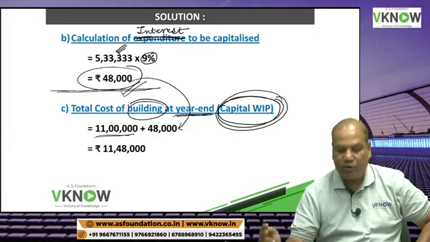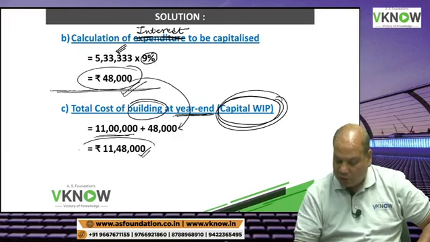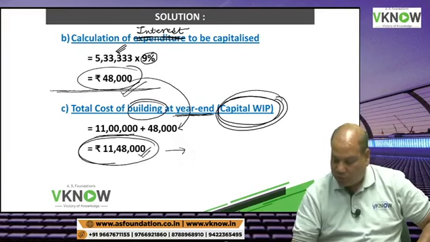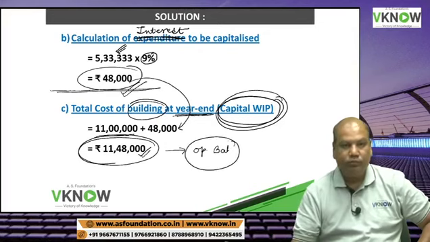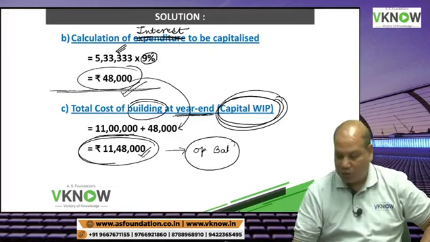Capital WIP means the work has not yet been completed. 11,48,000. And this will become opening balance for the next year calculation.